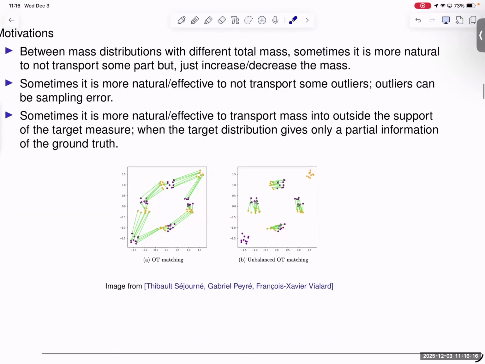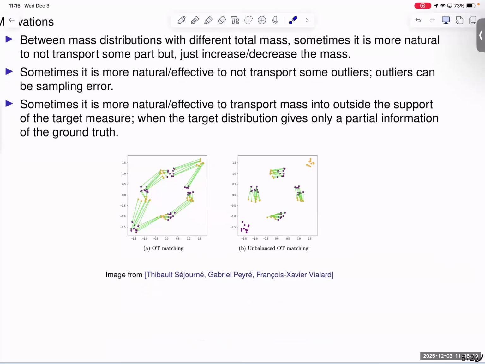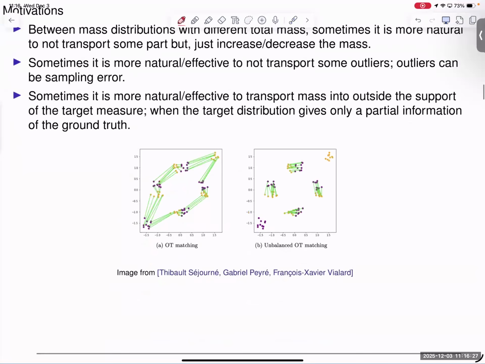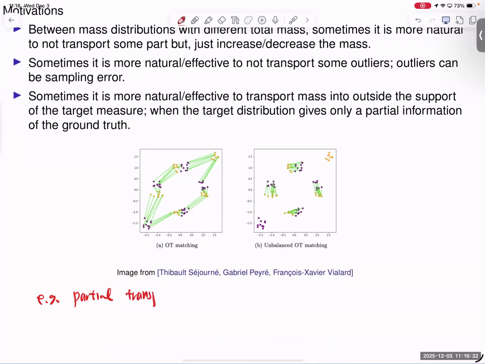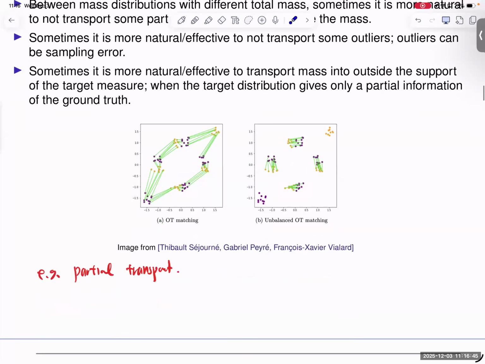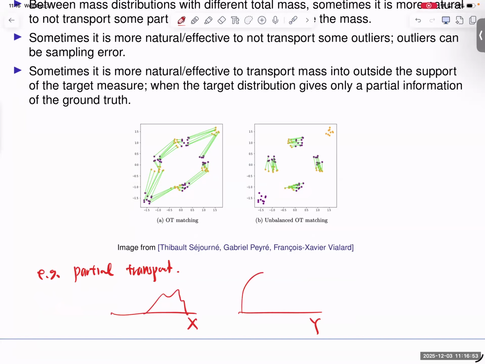So that's a typical situation, but also an example of unbalanced transport is so-called partial transport. Let me just mention it here. Partial transport is a bit different, though kind of similar. You do not necessarily match all the mass. For example, let's say you have in one domain some mass here, and in the other domain some mass here.